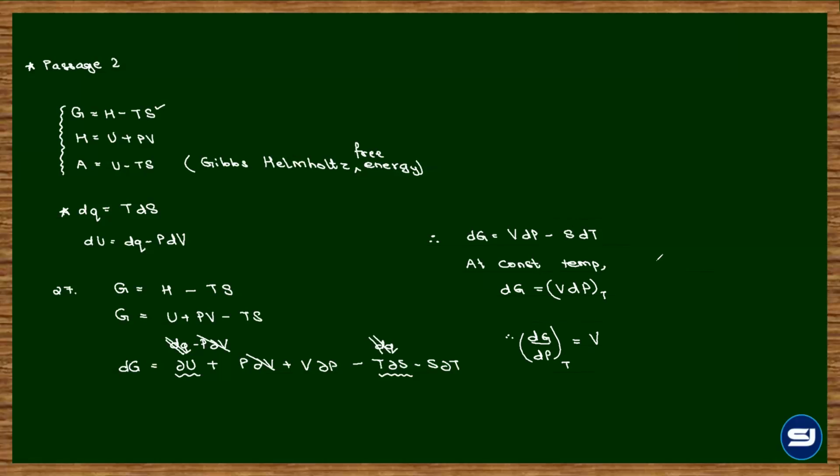Similarly, if I take constant pressure, then this term will go away. So dG will become minus S dT at a constant pressure, and therefore dG upon dT at constant pressure is equal to minus S?